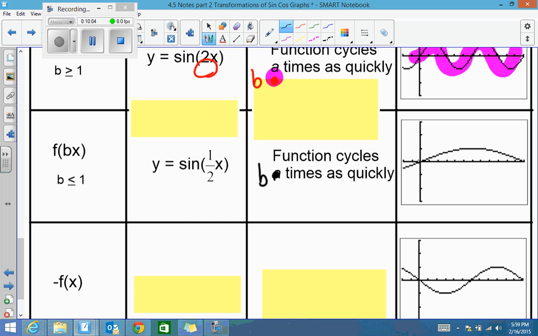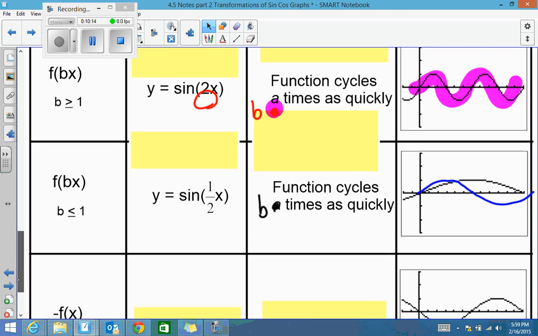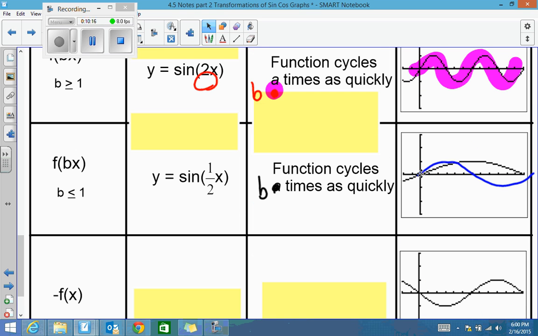So rather than going up and down once from 0 to 2 pi, it's only going up and then falling, and it's not getting to the second half of the cycle because it is only moving half as fast. So it's only getting half of the period, half of the rotation accomplished.